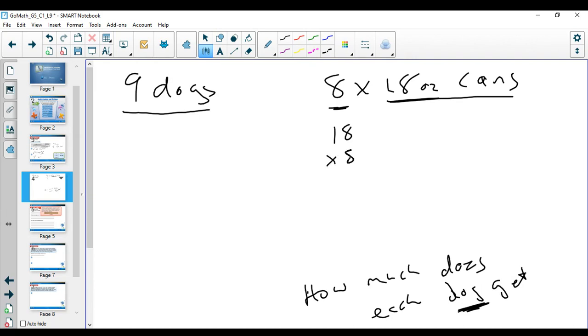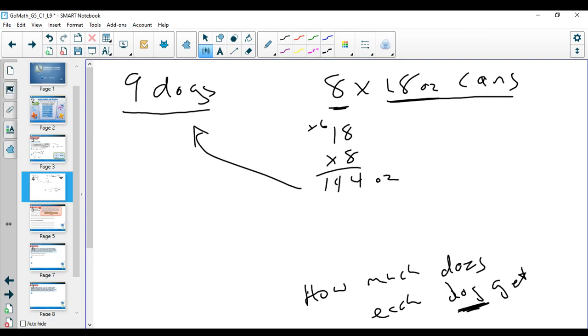18 times 8: well, 8 times 8 is 64. 8 times 1 is 8. We're going to add in the 6, and that's going to give us 14. So I know that I have 144 ounces of dog food, and I'm going to share that with my 9 dogs.